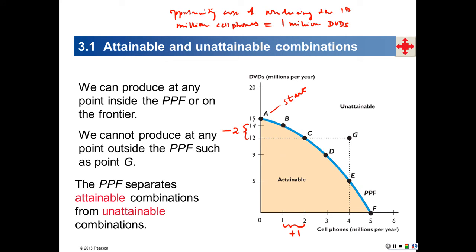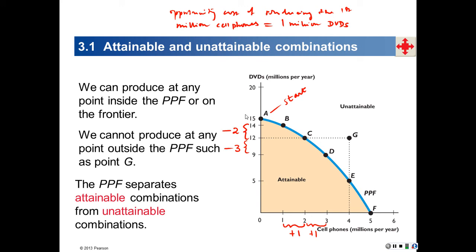Right? And now let's consider the third million cell phones. So when we increase this by 1 again, now we're going from point C to point D. And what is the quantity of DVDs that must be given up now? How much? 3 million. Yes. So what's happening here?